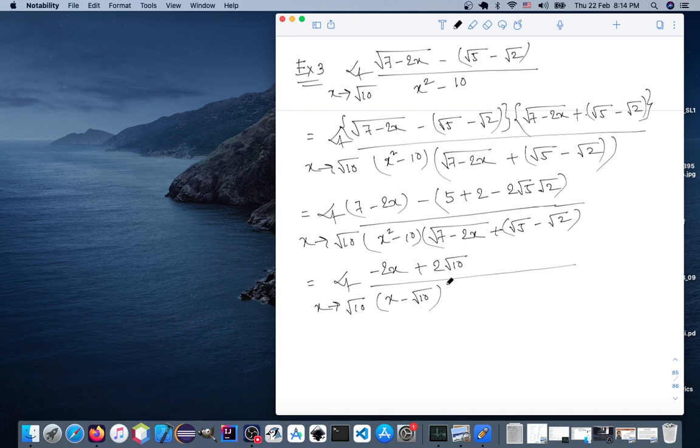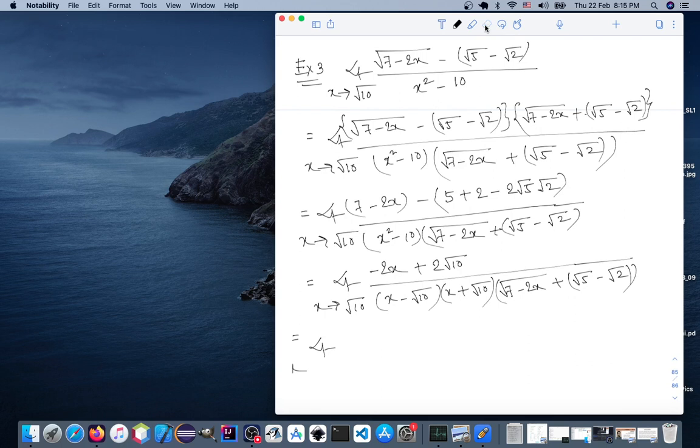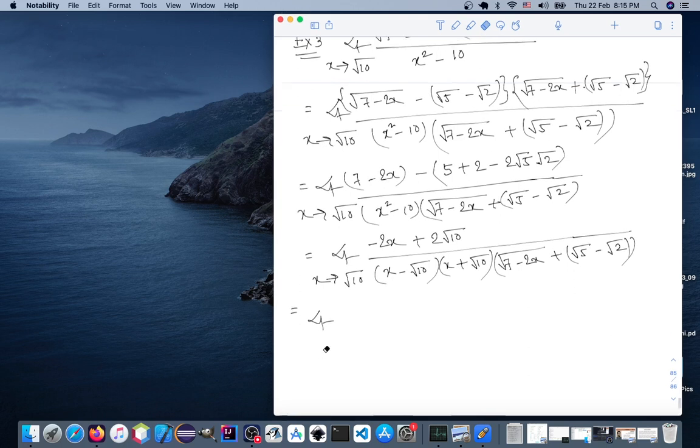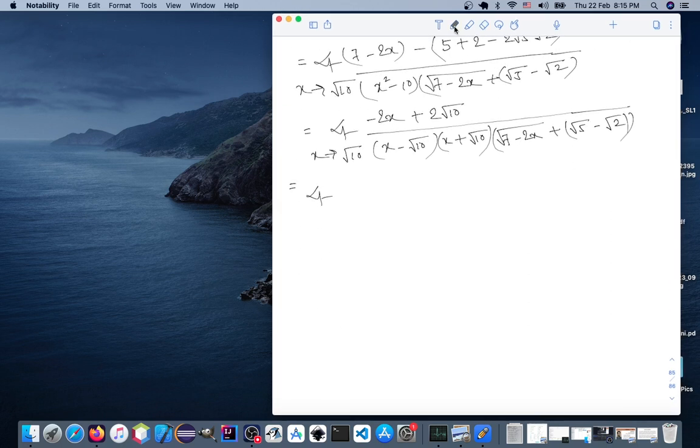We can factorize it as x plus root 10 into x minus root 10. And we have this 7 minus 2x plus root 5 minus root 2. Okay. So this becomes, x tending to root 10.